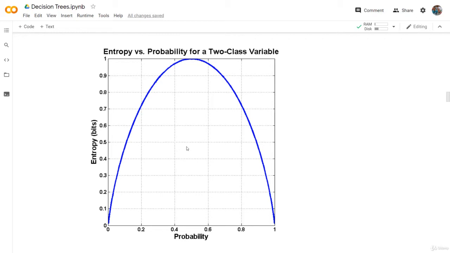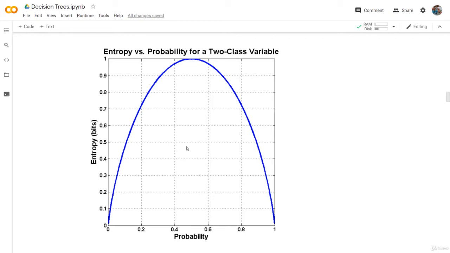For example, if I tell you that I have a coin, and this coin, of course, has a probability of being tails 50% and the probability of being heads also 50%. If I flip the coin, right, the entropy is 1 because both of them are equiprobable, right?